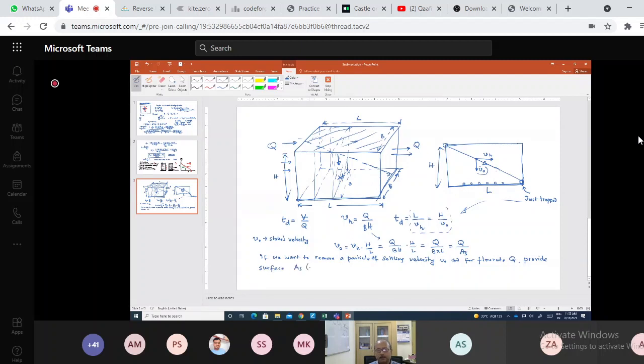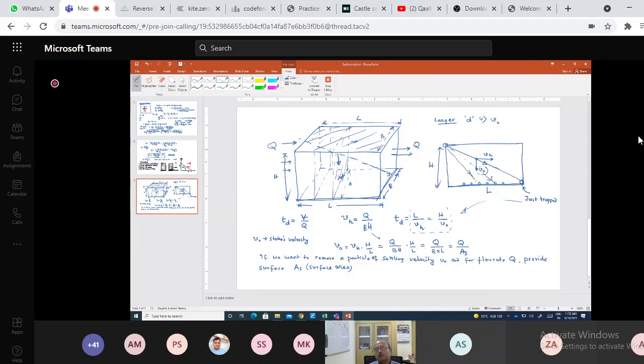Okay, now what happens if we have larger particles? For larger particles, d is higher, so your Vt is higher than v0. So for those particles, yes, they will have a trajectory like this.